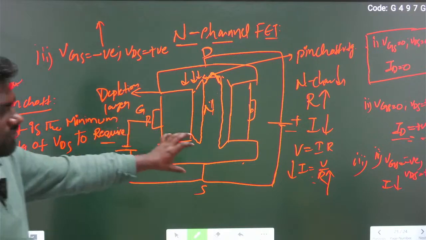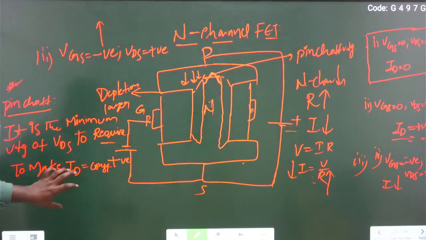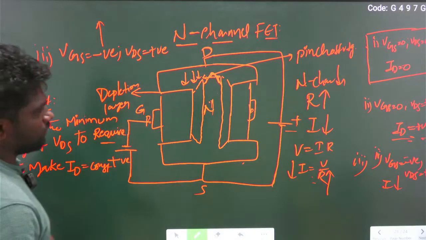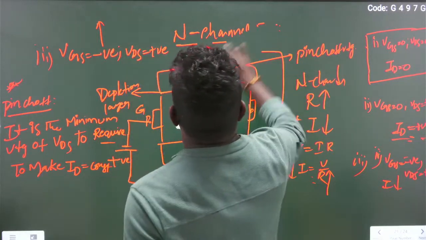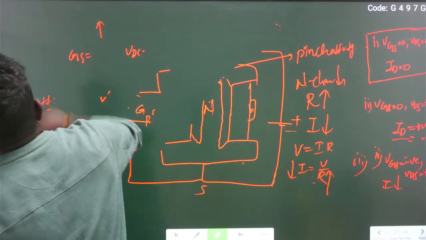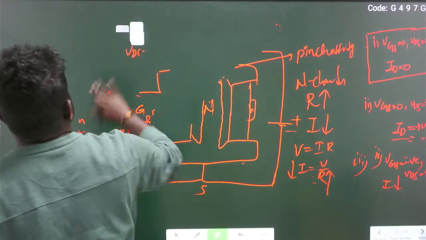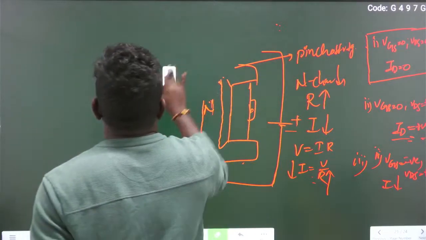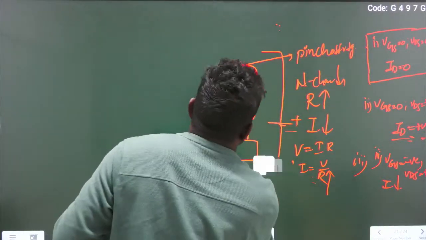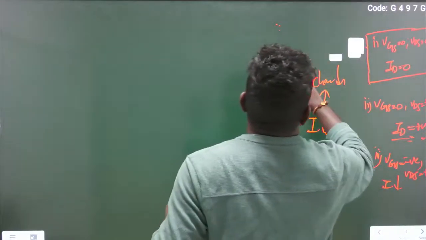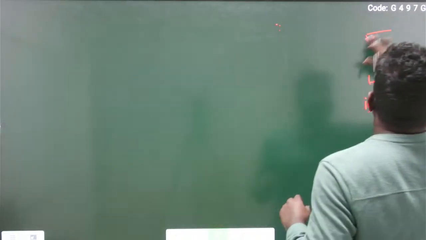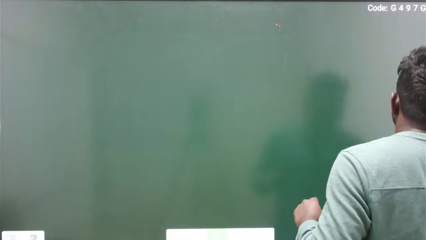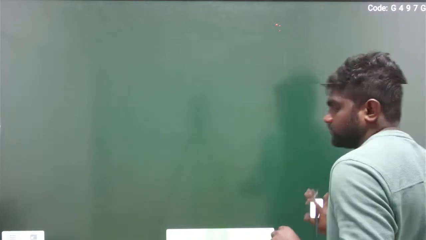It means whenever I apply the pinch off voltage, the drain current becomes constant. Okay? So we will go to the characteristics of FET. So we will see the FET characteristics.